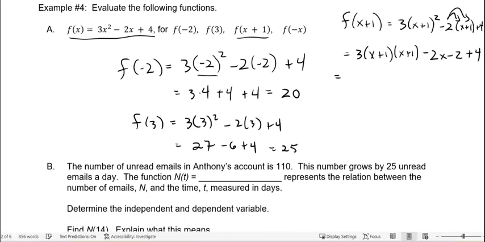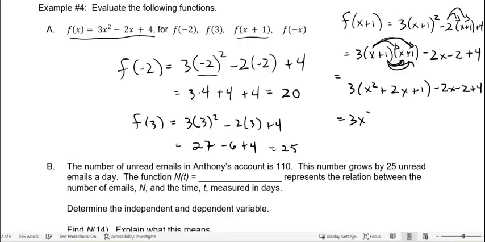And then what happens when I square x plus 1? I got a FOIL. So I get 3 times x squared plus 1x plus 1x is 2x plus 1, minus 2x minus 2 plus 4.